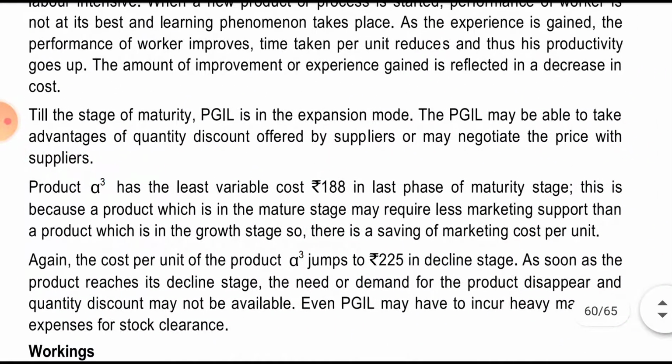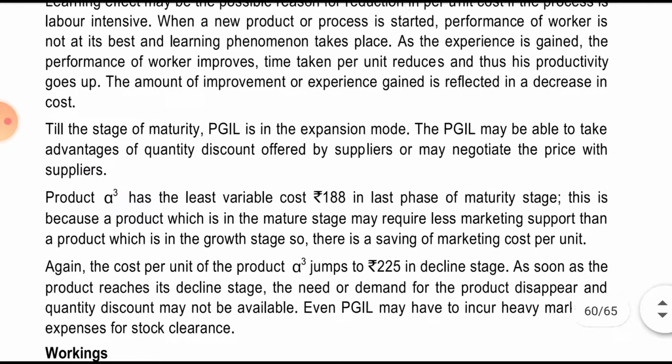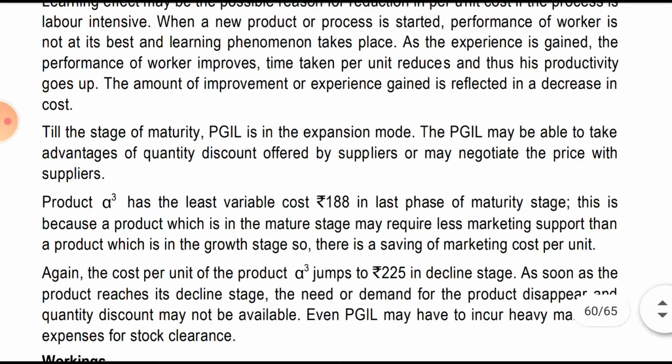Till the stage of maturity, PGIL is in expansion mode. PGIL may be able to take advantage of the quantity discount offered by the supplier or may negotiate the price with the supplier. Product alpha 3 has the least variable cost, that is 188, in the last phase of maturity. This is because a product in the maturity stage may require less marketing support than a product at the growth stage.